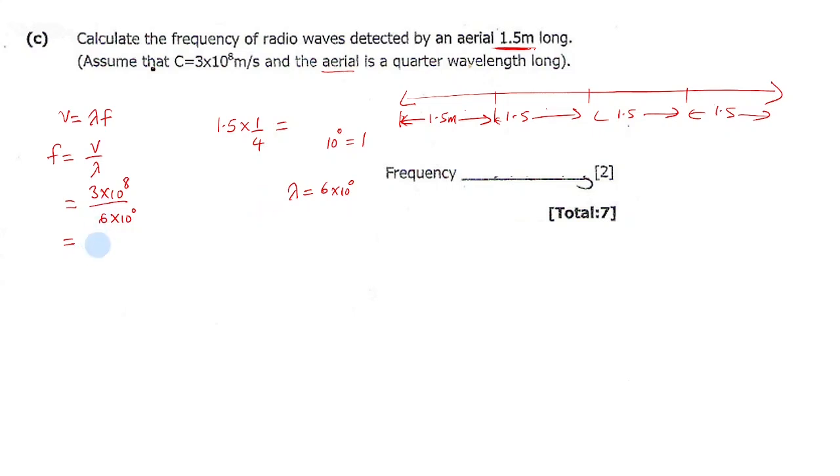I'm just saying 3 divided by 6, then times 10 to the power 8 minus 0. So I use the same base and subtract the powers. 3 divided by 6 is 0.5, then times 10 to the power 8.